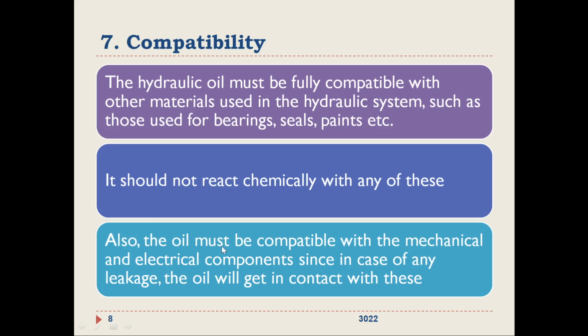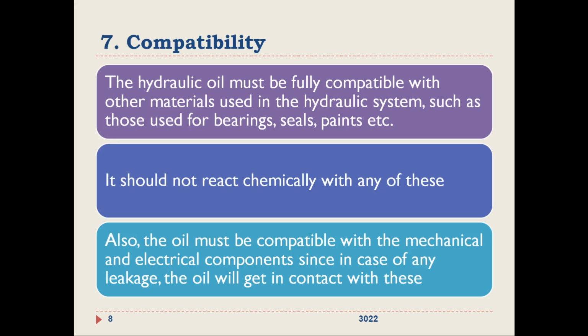Also, the oil must be compatible with the mechanical and electrical components. In case of leakage, the oil will get in contact with these and it will cause an adverse result or hazard. So compatibility issues are very important.